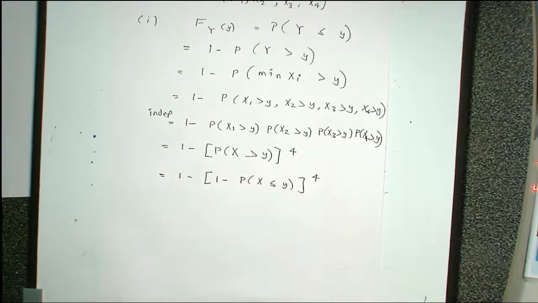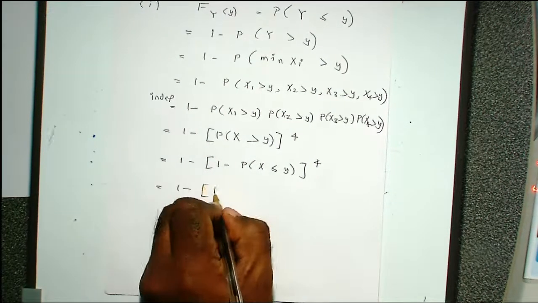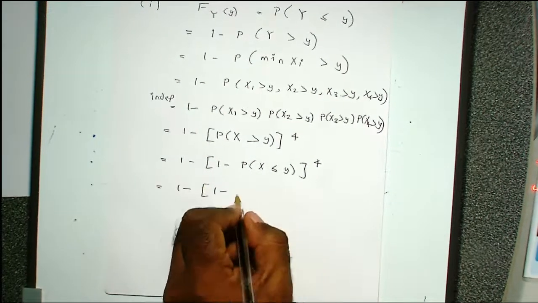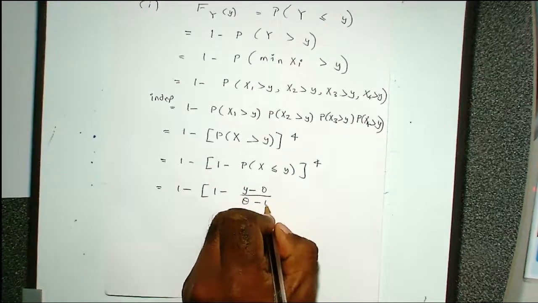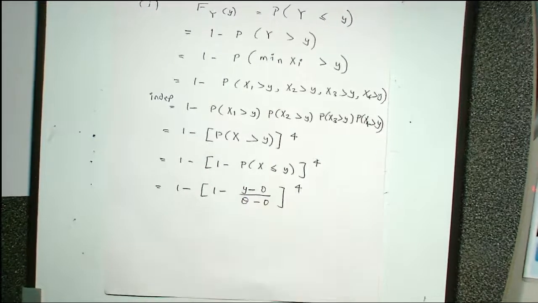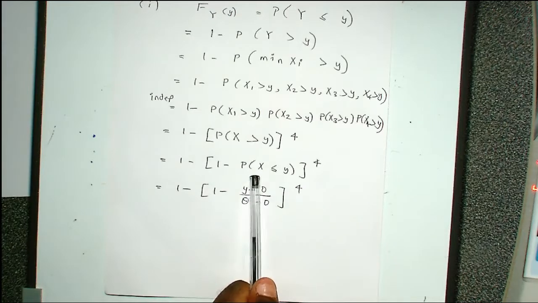Now we know that X is uniform on the interval 0 to theta, so this guy here must be, do you see where this comes from? It comes from the lecture notes, guys. This is the CDF of the uniform distribution at y.